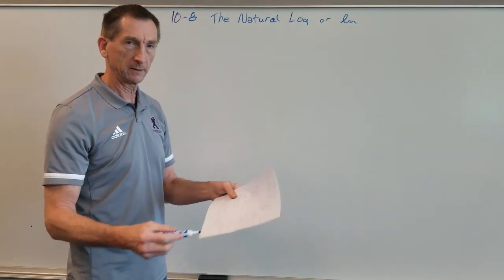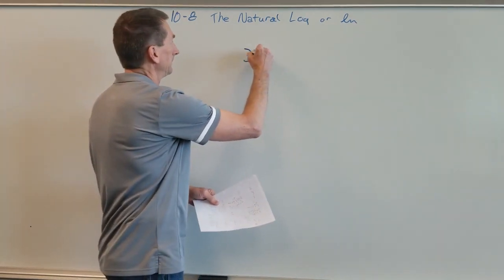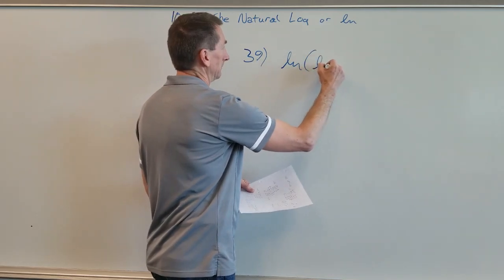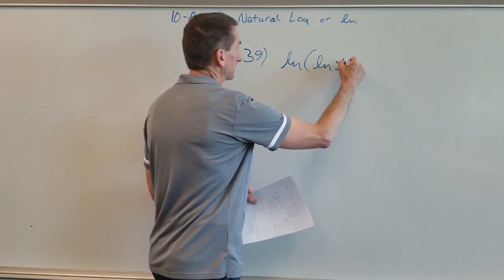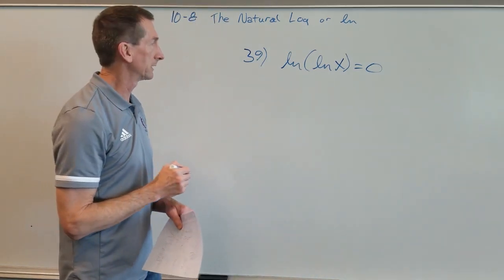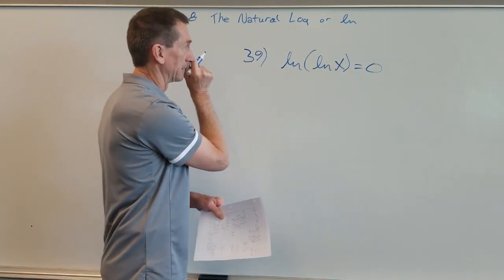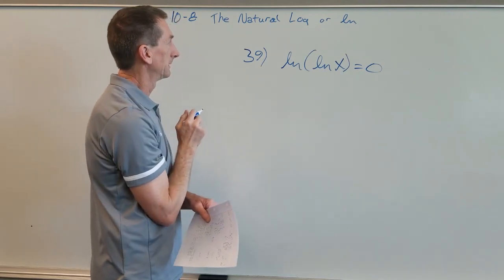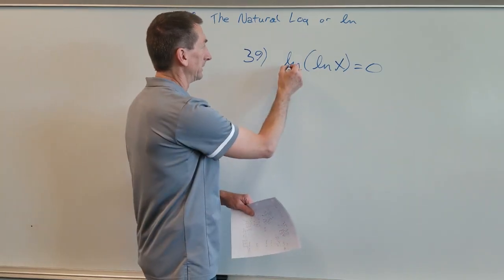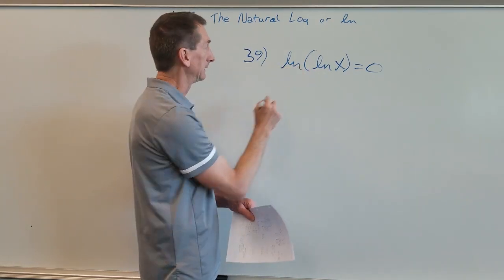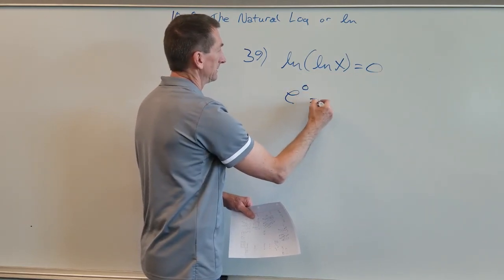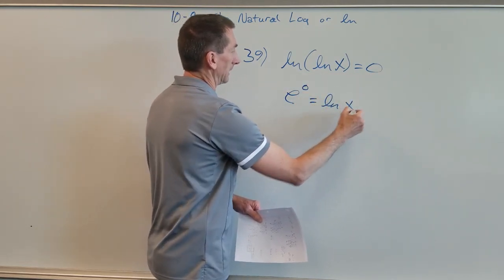All right, let's take a look at number 39. 39 gives us natural log of natural log x is equal to 0. First off, let's write it in exponential form. Remember, natural log is log base e. So I'm going to have e raised to the power of 0 is equal to natural log x.